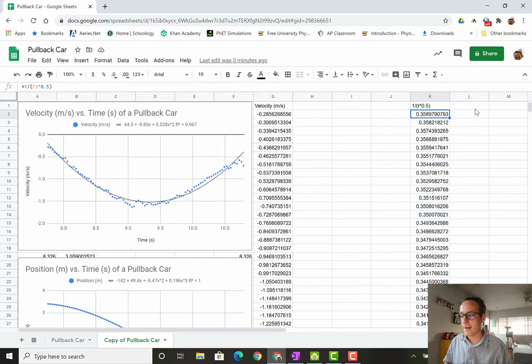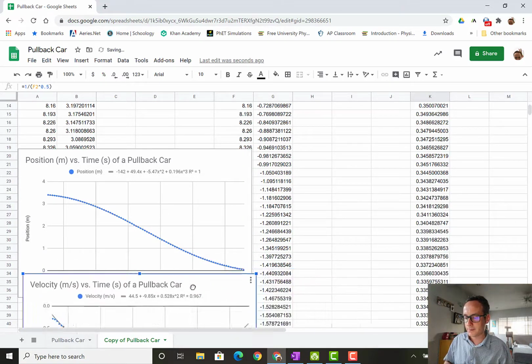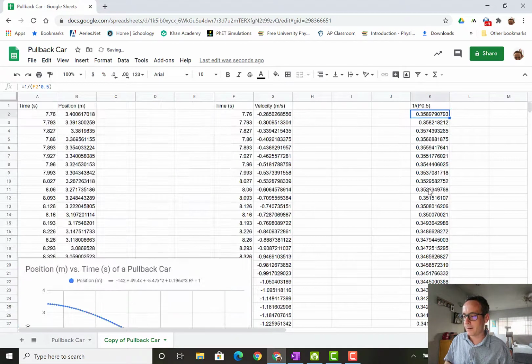And now, sorry, one last thing before we go. Let's say you suddenly forgot that you can write square root as a power of 0.5.